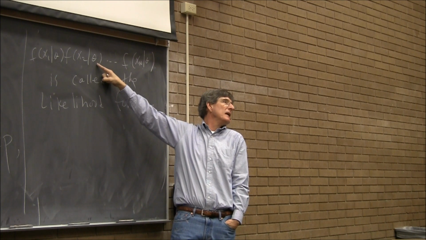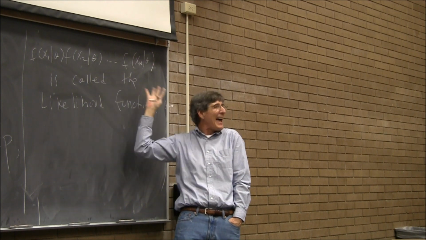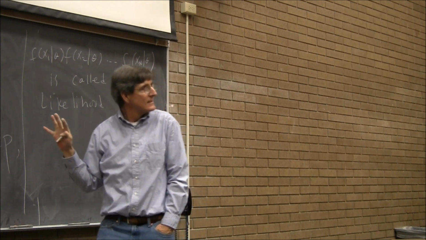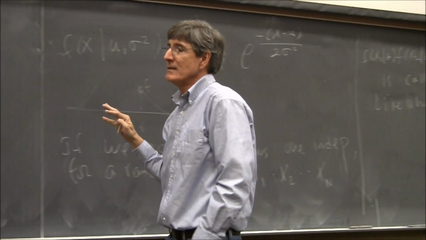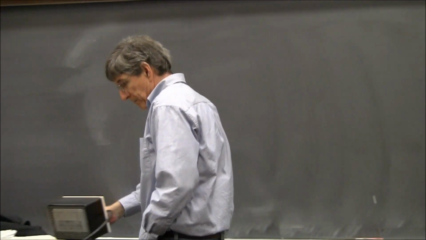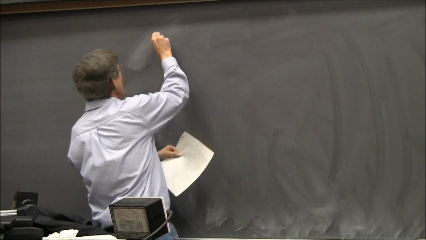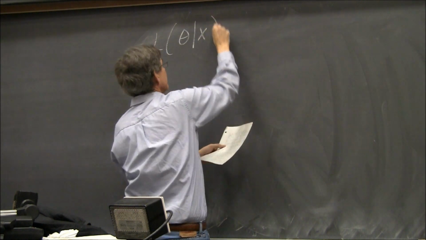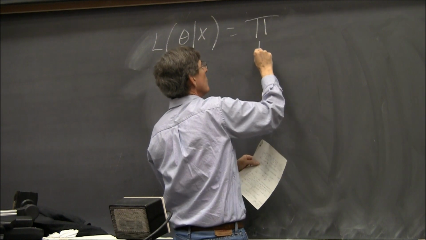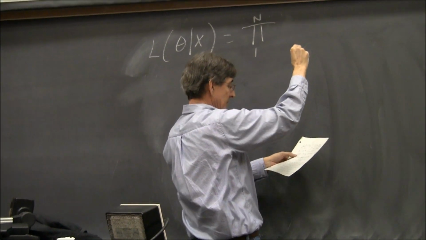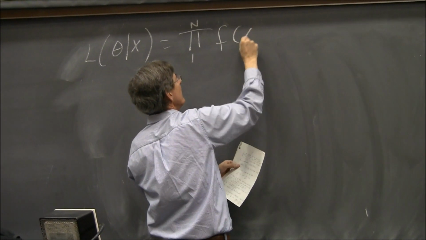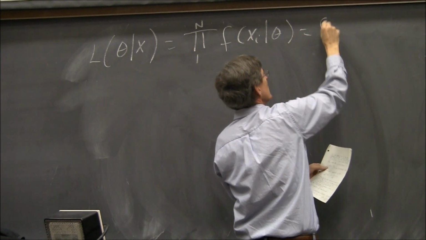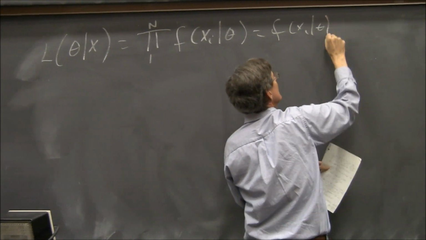We're going to find the mean and the variance that are most likely given our data. So L, the likelihood function, is the product from 1 to n of the f of xi given theta.